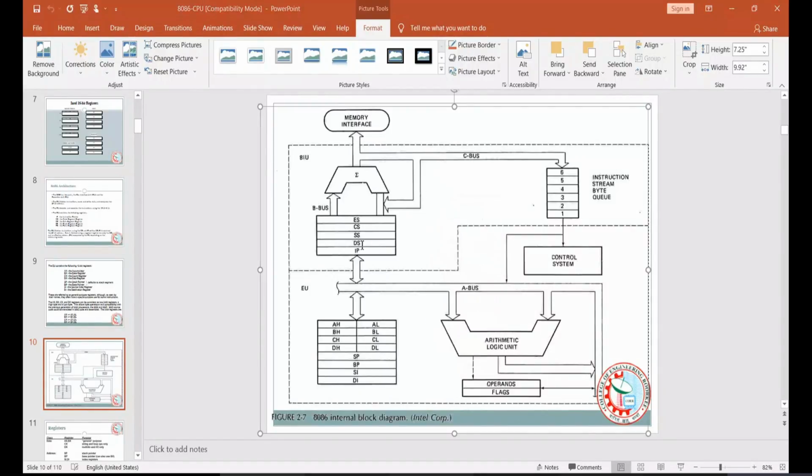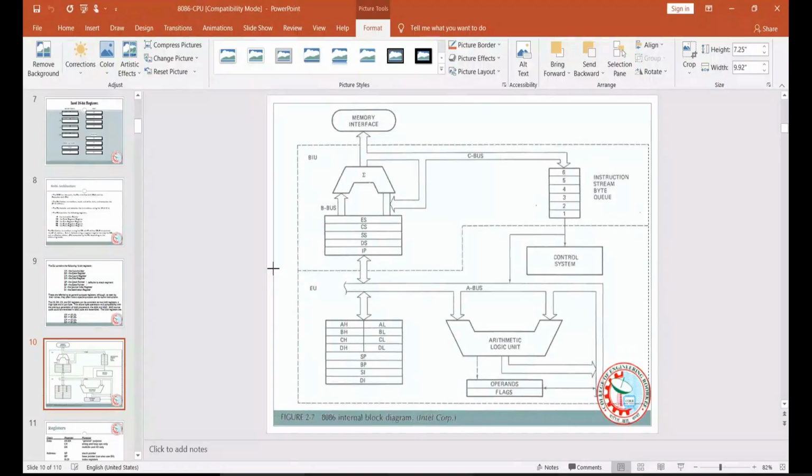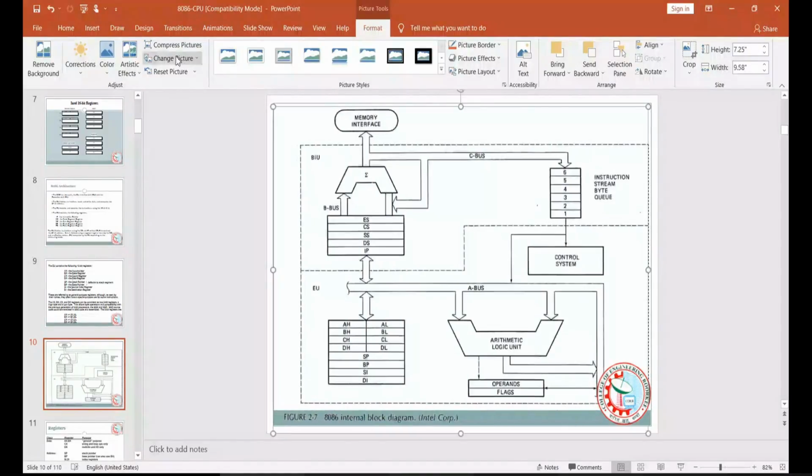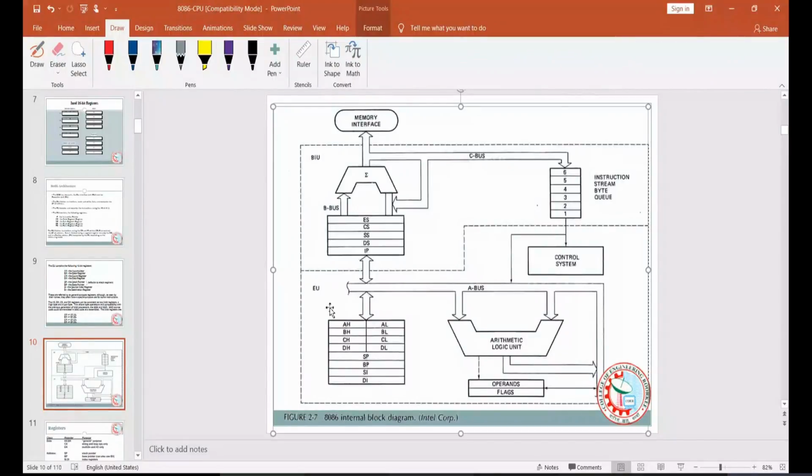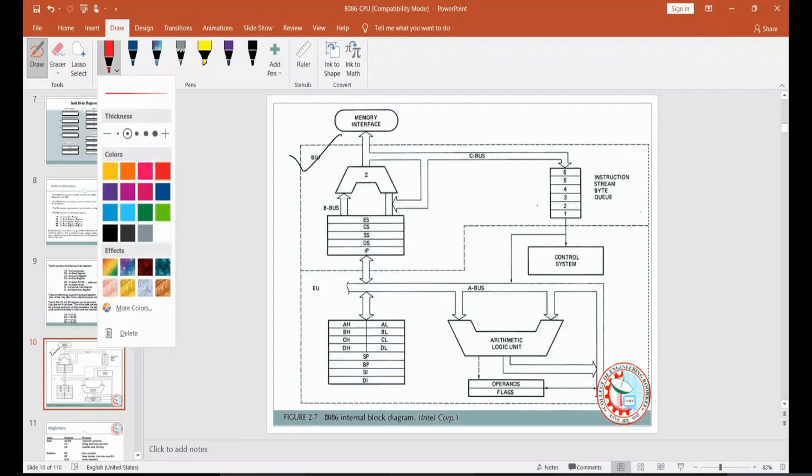Okay, so there are two units in the architecture of 8086. Okay, so this particular section is called BIU.